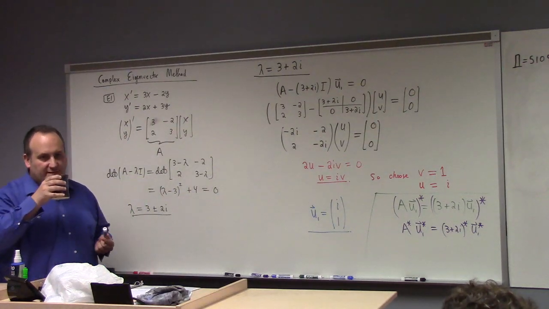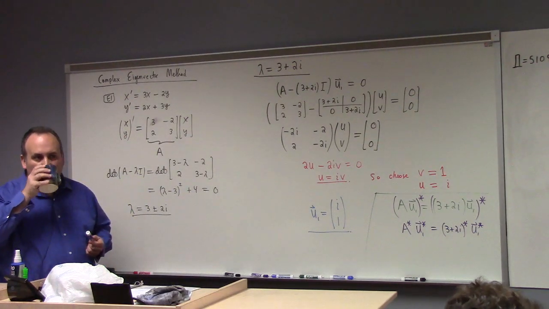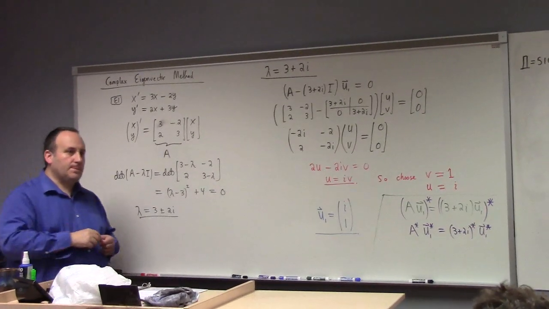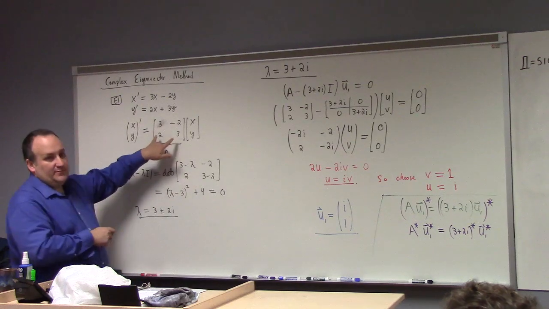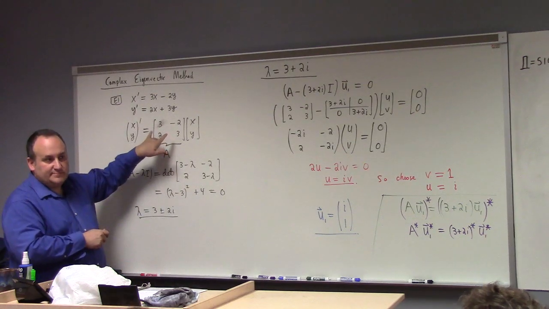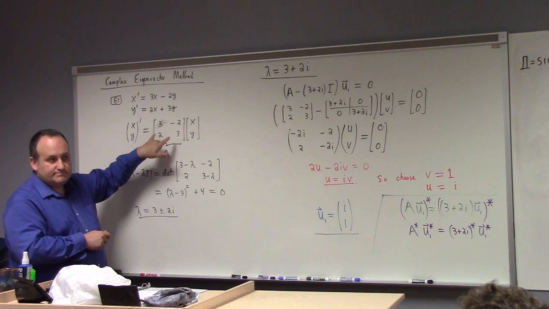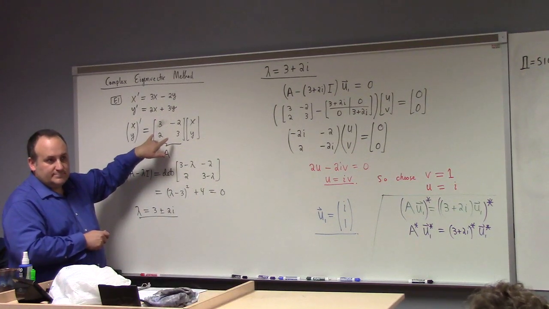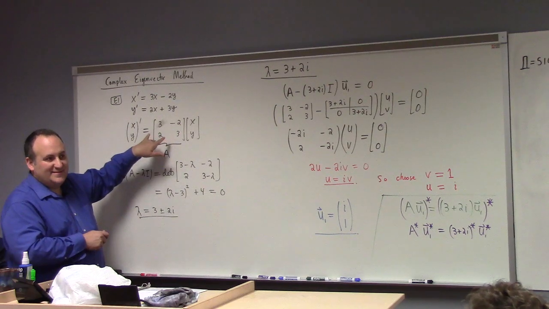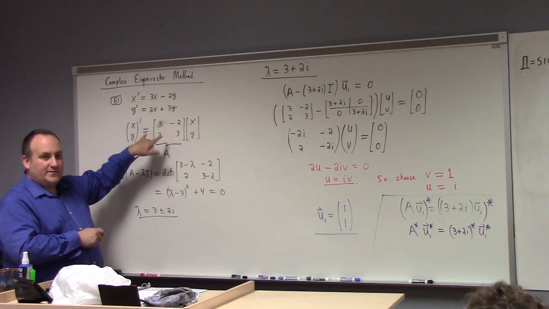Now, what is the complex conjugate of A? Here's A. What's the complex conjugate of this? It's the same thing, right, because it's real.